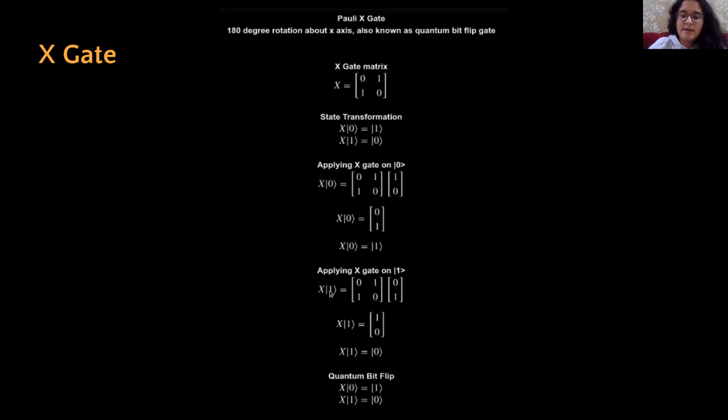Similarly, on application of the X gate on ket 1, we get ket 0. So our states are getting flipped. Therefore, this gate is also known as the quantum bit flip because it flips the state to a diametrically opposite state.